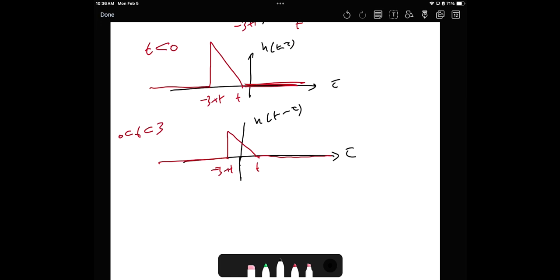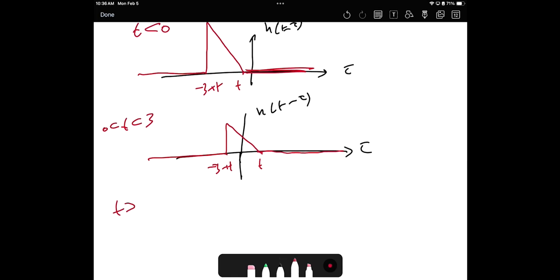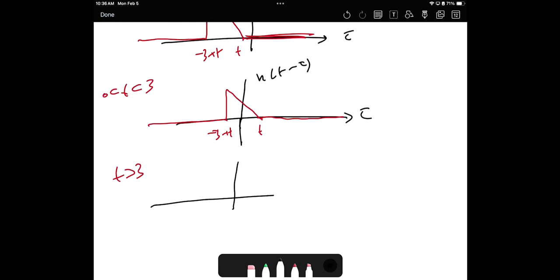Here's tau. Now, when t is larger than 3, here's t, here is negative 3 plus t, then it will look like this.